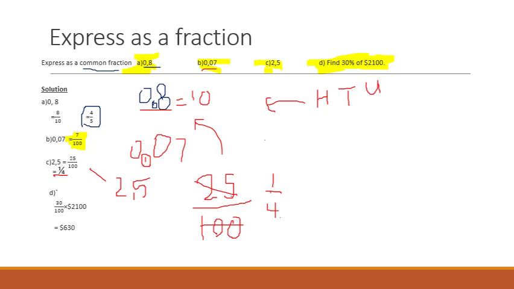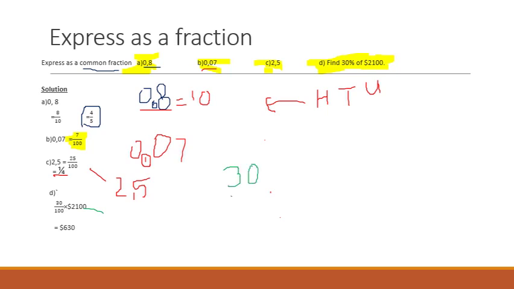The last one, we are going to look at 30%. Find 30% of 2,100. So it's 30%.